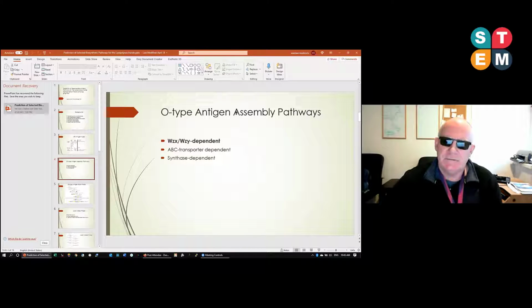One is flippase dependent, that's Wzx, Wzy. The other one is ABC transporter dependent, which depends on ATP hydrolysis to transport it across the membrane. And the third one is synthase dependent. We are not going to talk about it.